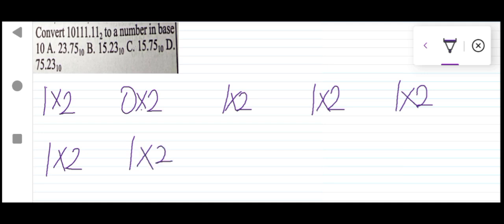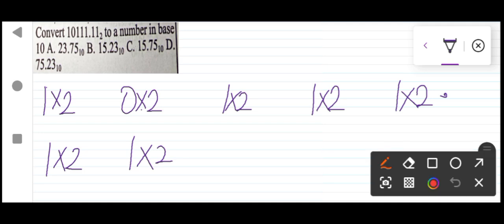So do not forget there is a point here, so let's indicate to separate them out. Now any number that is before the point, these numbers right here, are whole numbers, and the numbers after the point are the decimal values, and they will always carry a negative power.